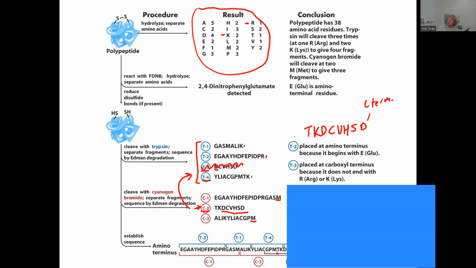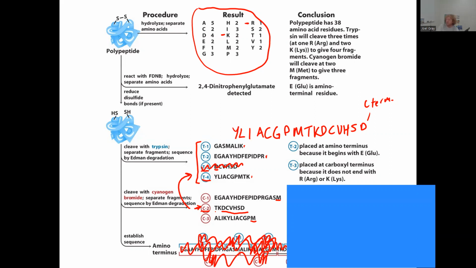So now what we can do is scribble out that stuff right there. We've got MTK, PGC, AILY.